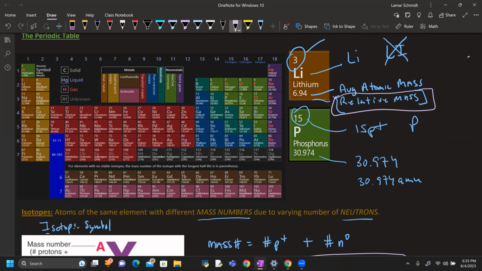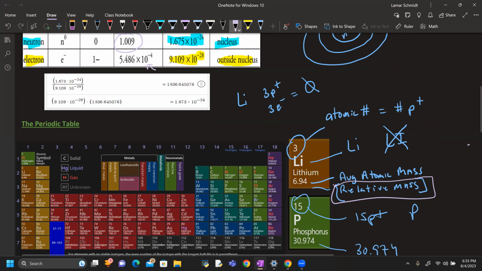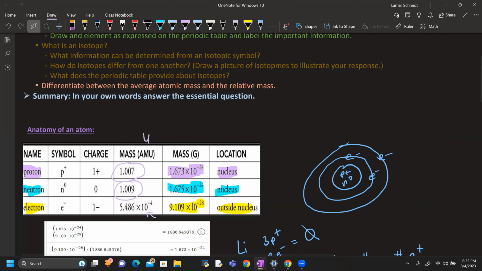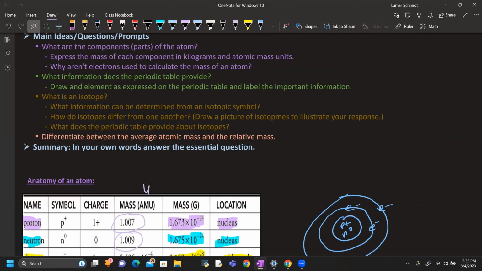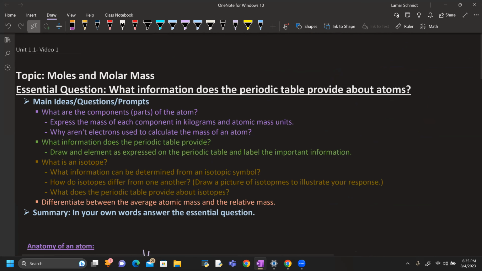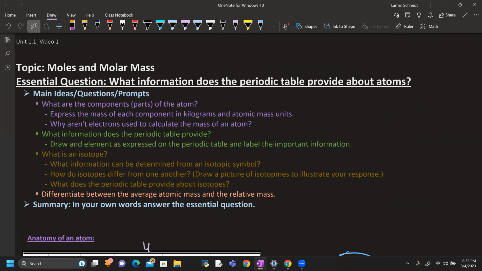So we can relate the mass of one atom to the mass of another atom with the relative mass. So what I want you to do now is in the summary part of your notes, I want you to answer the essential question. What information does the periodic table provide about atoms? We saw a lot of things. We saw the components of the atom. We were able to see different masses of those components.